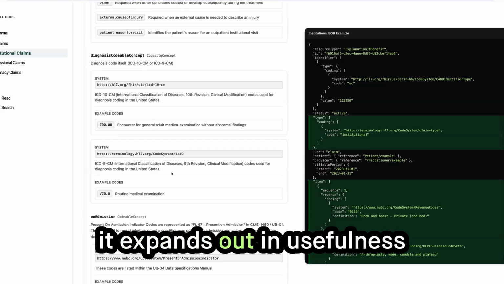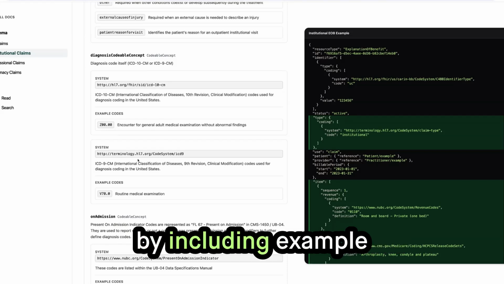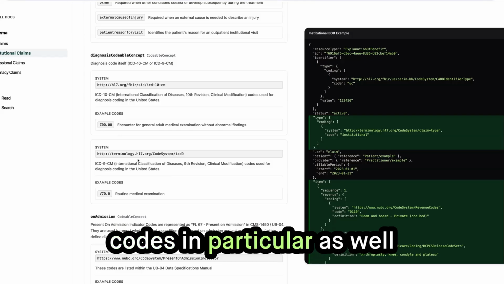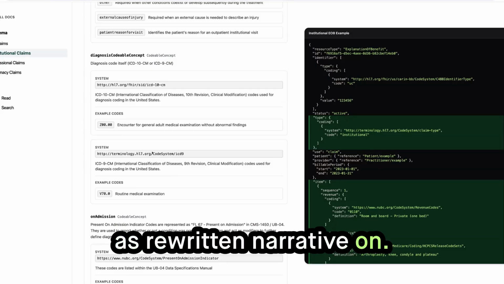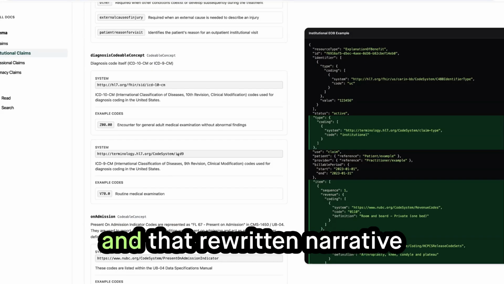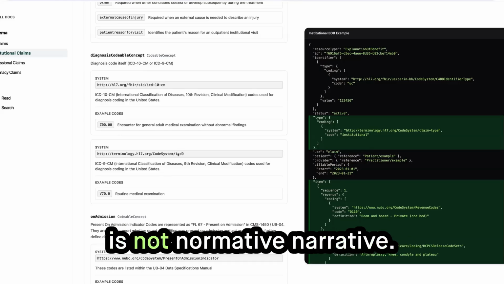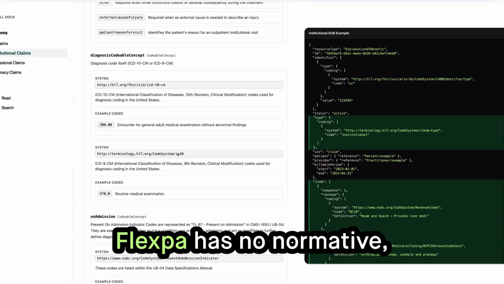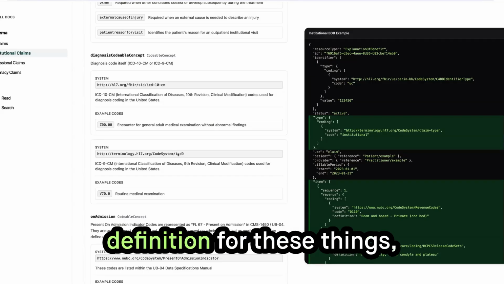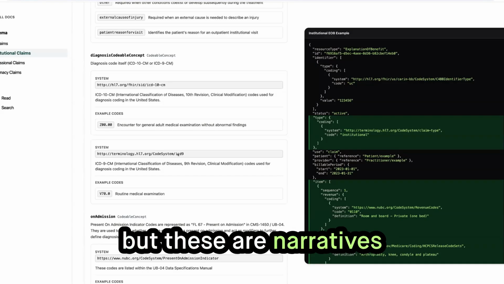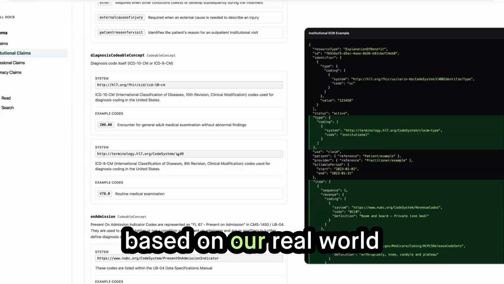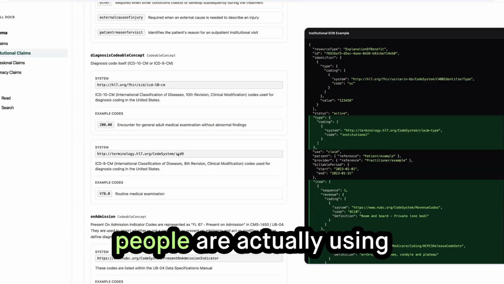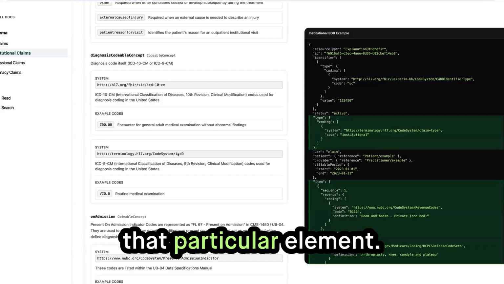But it expands it out in usefulness by including example codes in particular, as well as rewritten narrative on every individual element. And that rewritten narrative is not normative narrative. Flexpa has no normative definition for these things, but these are narratives that we've developed based on our real world understanding of how people are actually using that particular element.